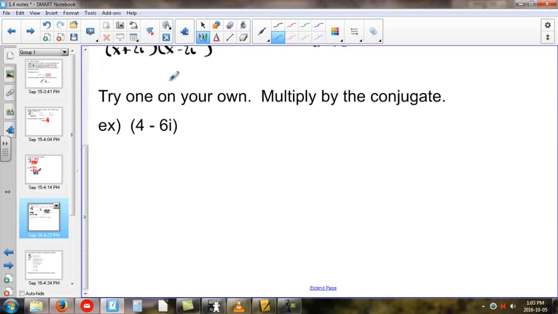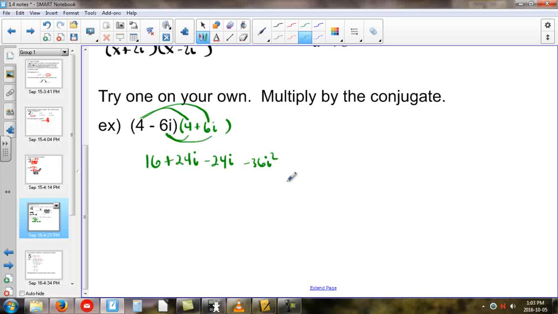All right, so down here we've got 4 minus 6i, and we want to multiply by its conjugate. If I remember right, everything's the same except the sign in the middle. So now I need to multiply. That's going to be 16, plus 24i, but then minus 24i, and then minus 36i squared.